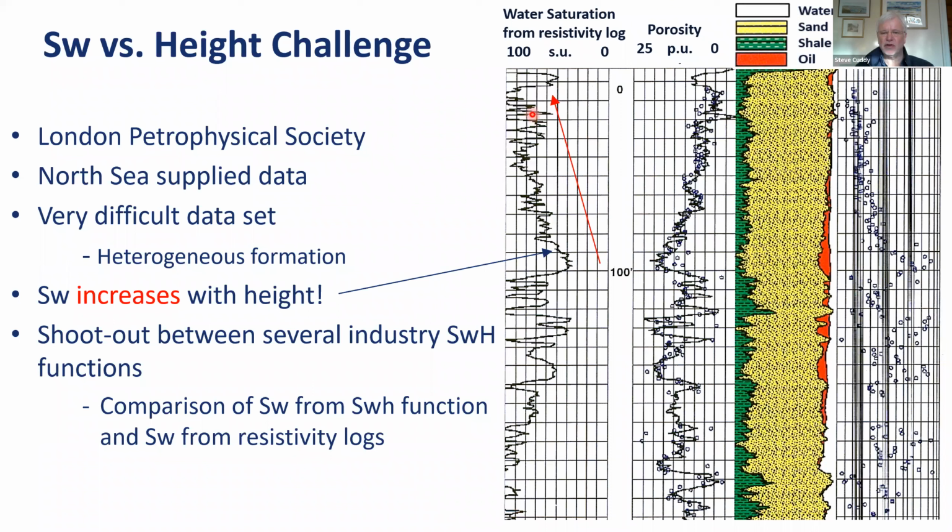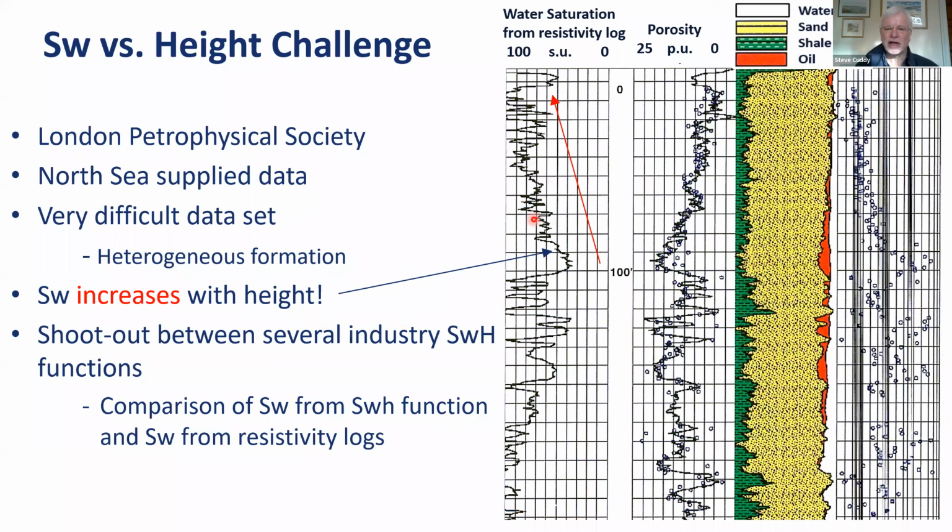So it was very difficult to provide a function. So this client in London was very crafty and asked all the petrophysicists to have a shootout to see if they could derive a function for this very difficult data set, very heterogeneous formation, especially how SW increases with height.